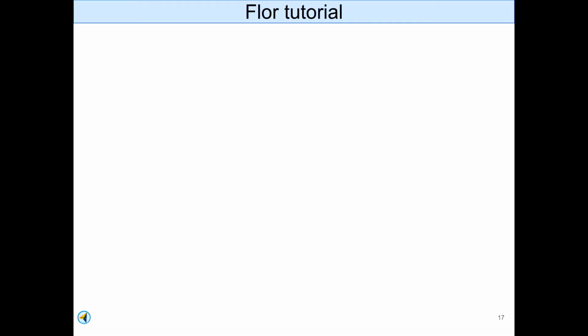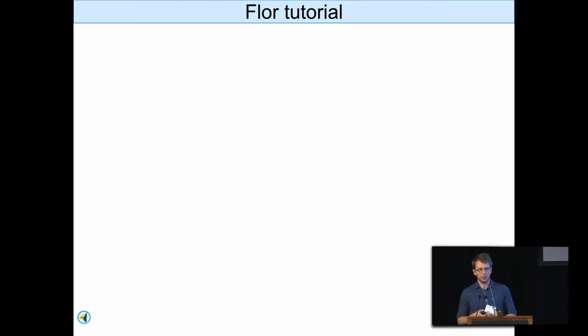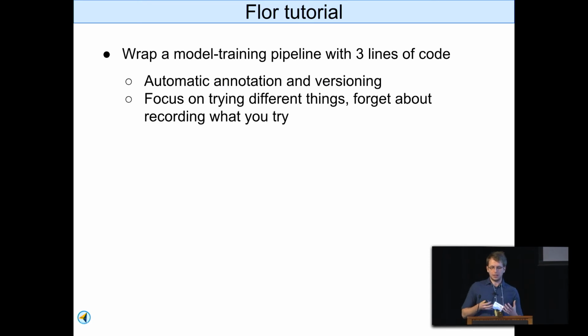In the course of the Flor tutorial, you'll complete a series of exercises that illustrate how Flor improves the common interactive model training pattern. You will train a model to predict sentiment of English phrases, such that it can be positive or negative. You're going to try different setups, and you're going to see how Flor wraps the pipeline with just 3 lines of code. This will automatically bring you the benefits of versioning and annotation.